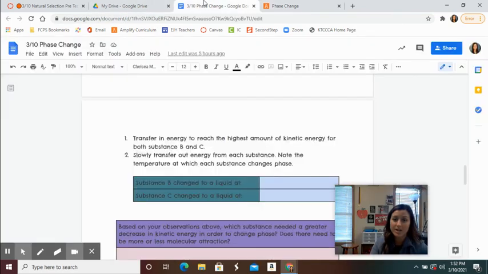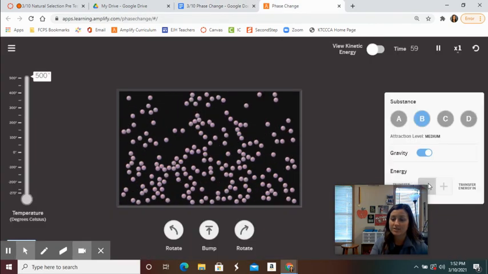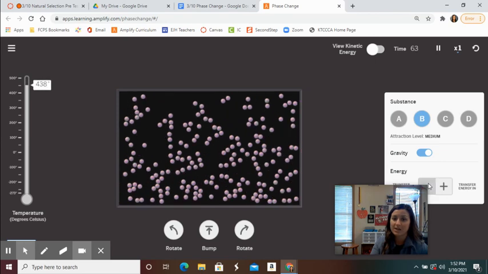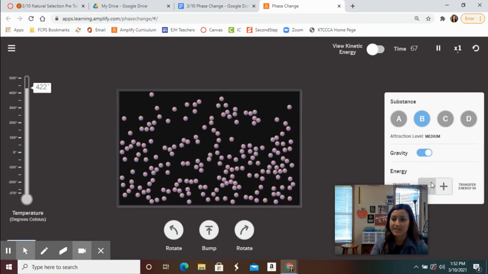And so you're going to figure out how much energy is needed. So you're going to slowly transfer the energy out, and then you're going to notice at what temperature it changes to liquid. And that's going to be like a roundabout guesstimate. You're not going to be able to tell me exactly, just get as close as you can. So you're going to transfer energy out slowly and tell me at what temperature about, remember temperature's over here, that it becomes a liquid.